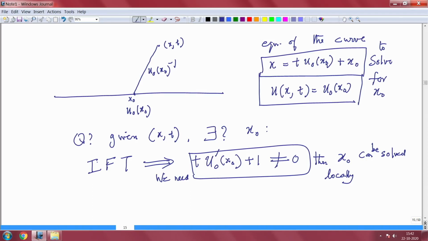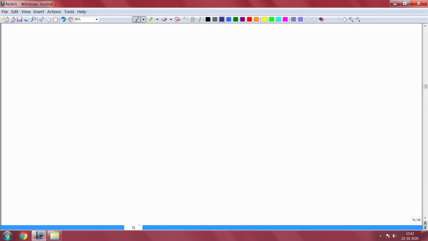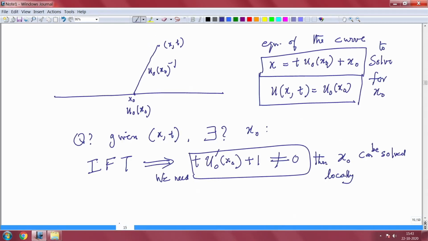So, actually what we have done is essentially prove a theorem, right? Okay. What is the theorem we proved? You need this condition, t u naught prime of x naught plus 1 not equal to 0. This definitely will happen if u naught prime of x naught is positive, that is, u naught is a non decreasing function.